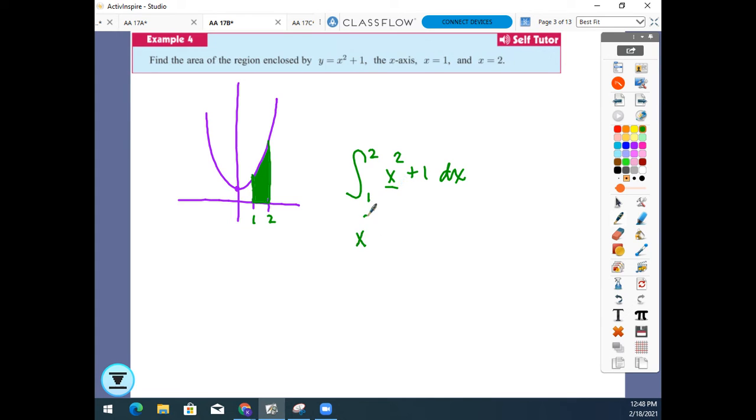Add 1 and divide, and 1x from 1 to 2. Plug 2 in. 8/3 plus 2 is my top value. Plug in your bottom value.